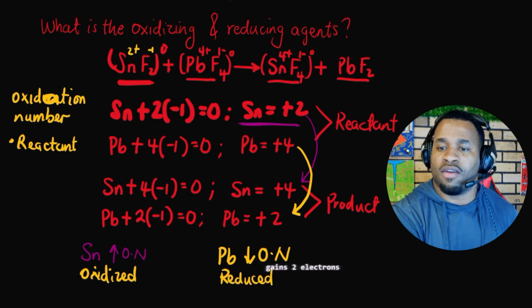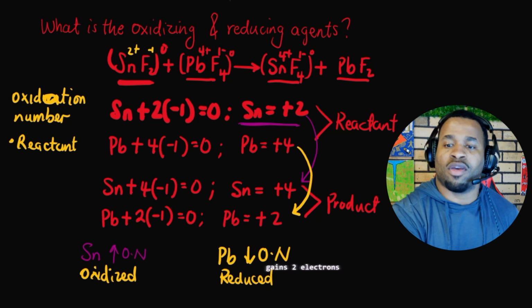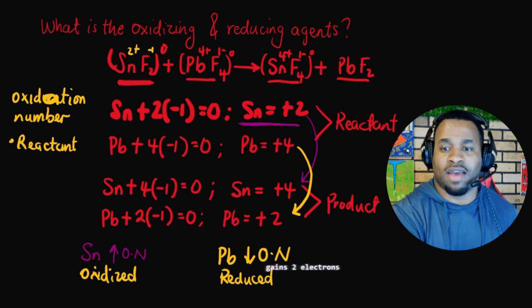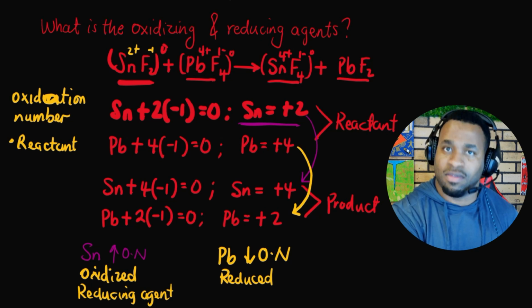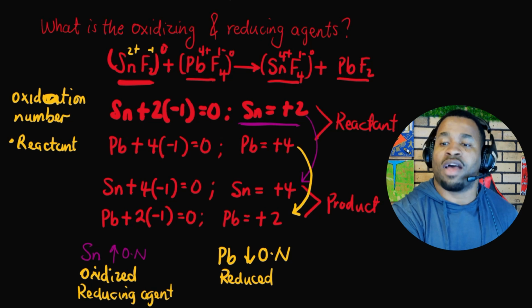Because tin is oxidized, it causes the reduction of lead, which makes tin the reducing agent. Because lead oxidizes our tin, lead is the oxidizing agent.